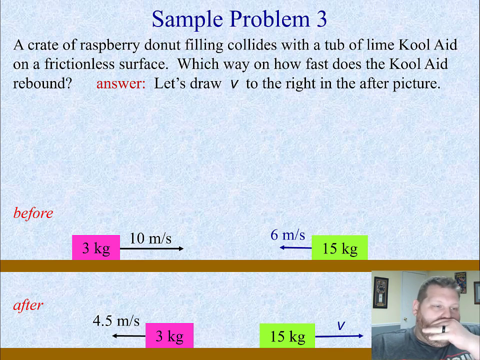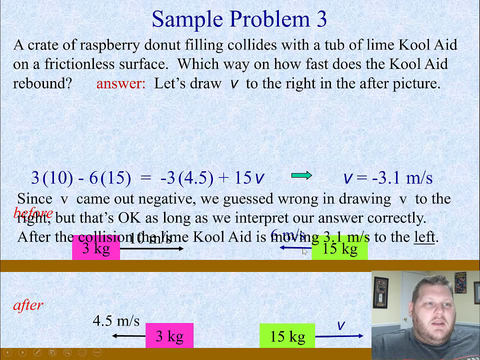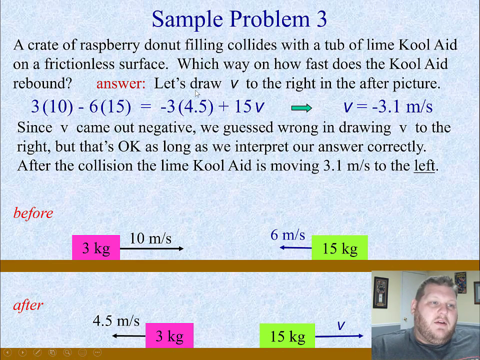So I'm going to call right positive and left negative since I've got both of them. Beforehand, 3 times 10, and then negative 6 times 15 is the total momentum beforehand. And then afterwards, my negative 4.5 times 3, since this is moving to the left, and we're assuming 15V is moving to the right, just assuming that.